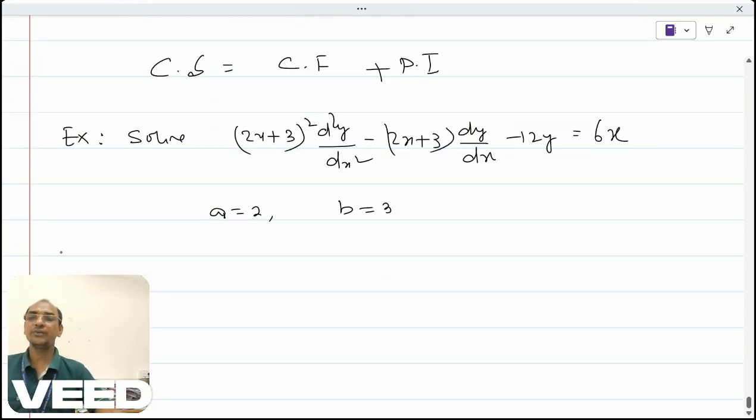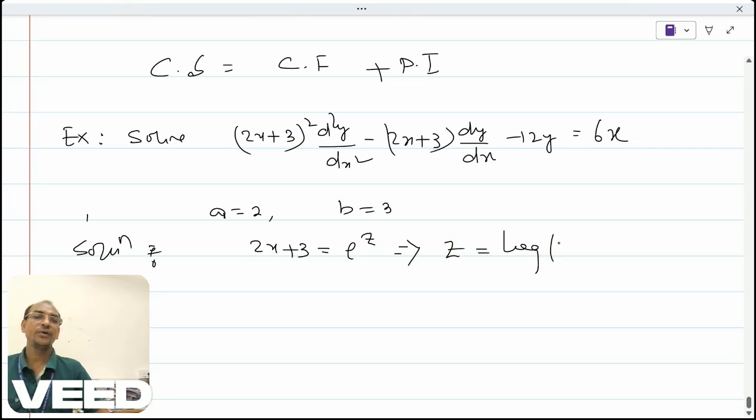So now what we will do? Now we will take the transformation 2x plus 3 equal to e to the power z. And because of that, what will be your z? z will be log of 2x plus 3.